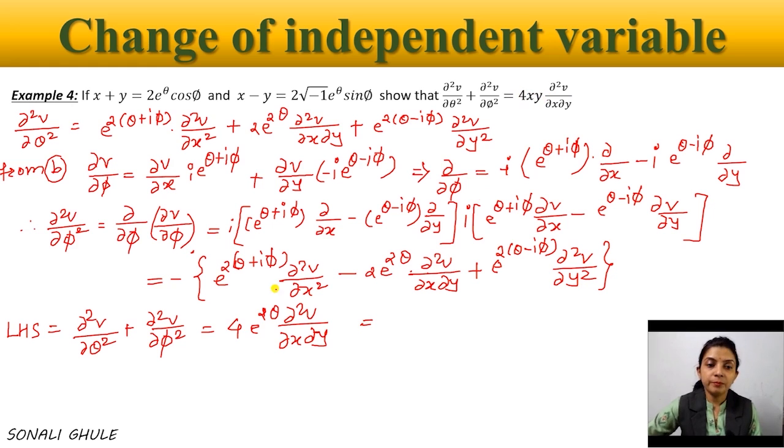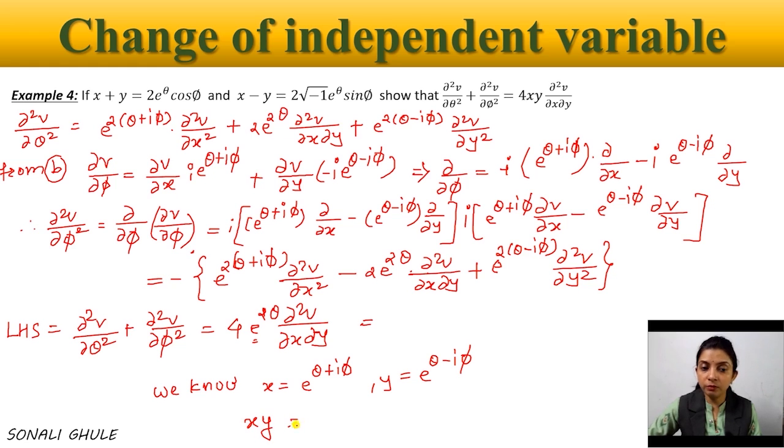So here e to the power 2 theta, so we know that x is equal to e to the power theta plus i phi, and y is equal to e to the power theta minus i phi. And if I take a product of these two, there will be the addition of the powers, because the base is same, e, right?